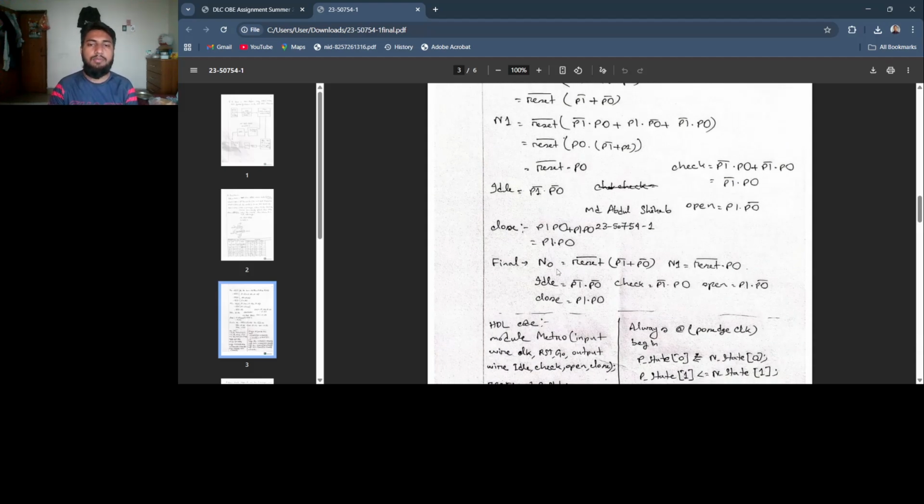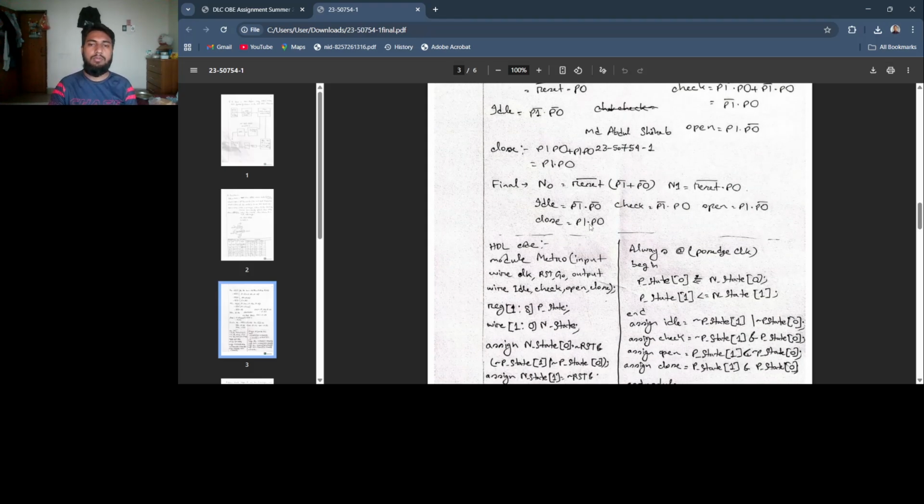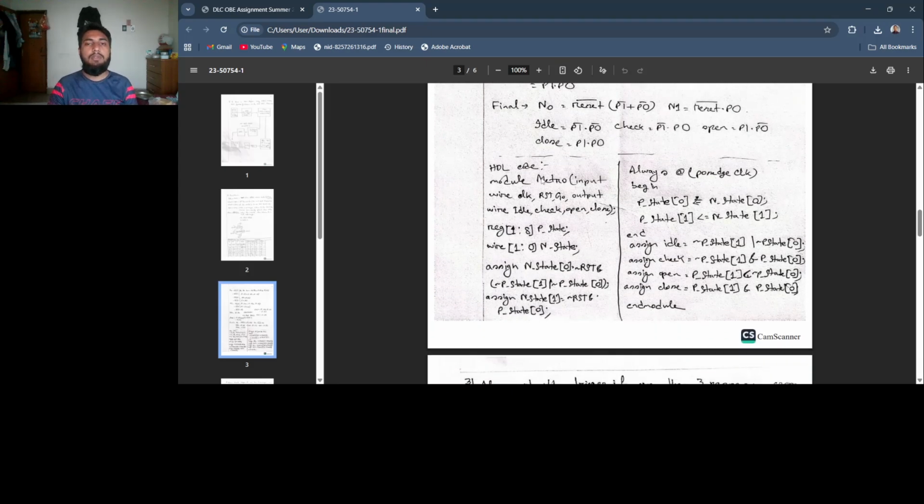Then my final equation is: n0 = reset bar p1 bar plus p0 bar, n1 = reset bar dot p0, idle p1 dot p1 dot p0, p1 bar dot p0 bar, check p1 bar dot p0, or open p1 dot p0 bar, and close p1 dot p0. Then I write the Verilog HDL code for this FSM system.